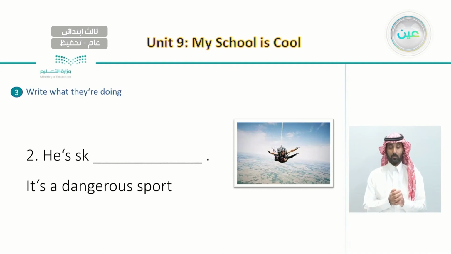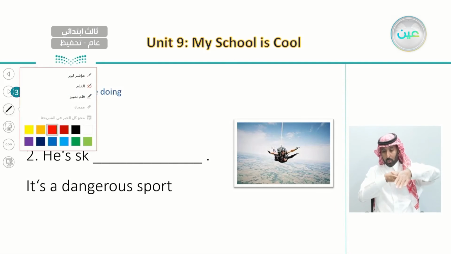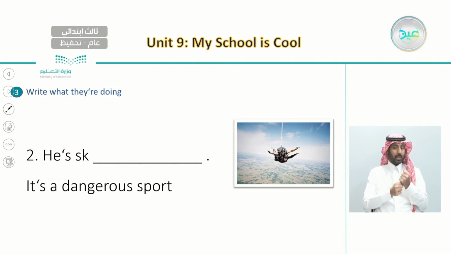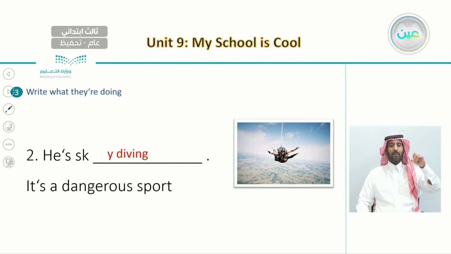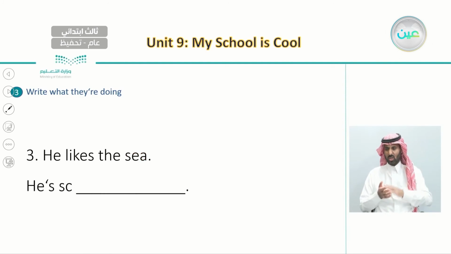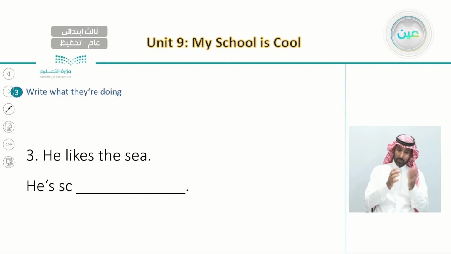And for number 2, what is this man doing? He is doing something that starts with S and K. Can you think of a sport that starts with S and K? It is skydiving, which is of course a dangerous sport. Now, in your books you will also see a third picture in number 3.